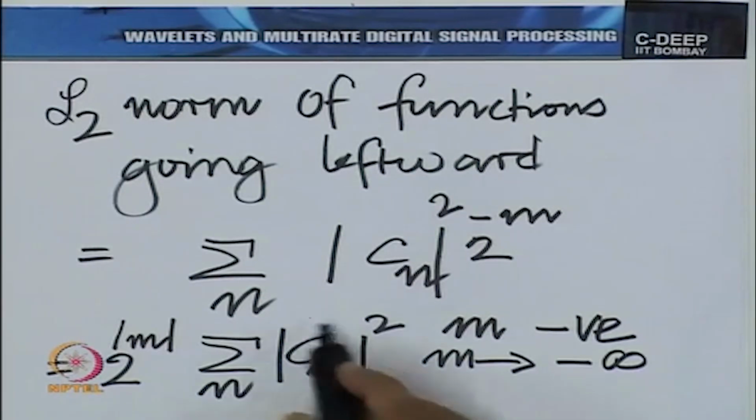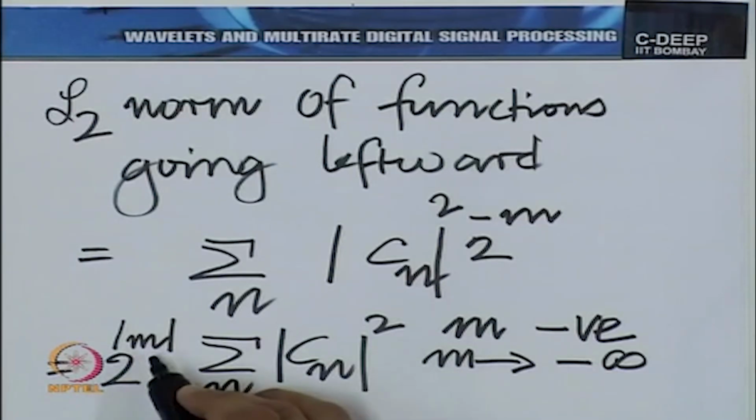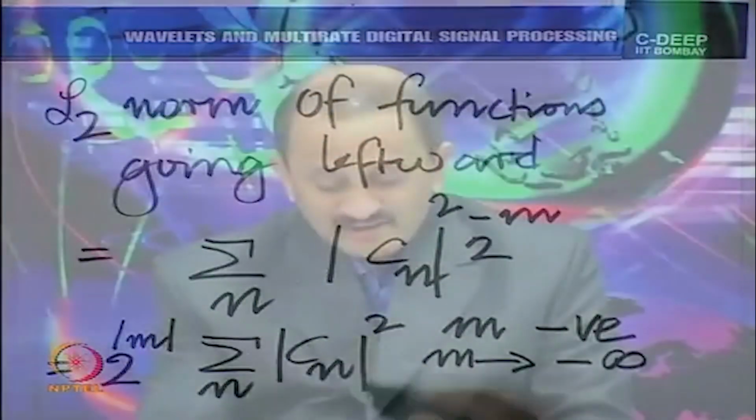So, the only way in which this can converge, no matter how large in magnitude m is, is if this must be 0, a very important conclusion.